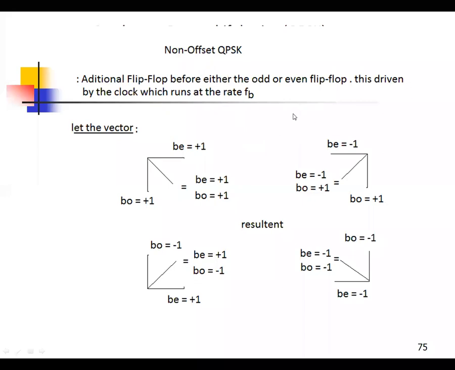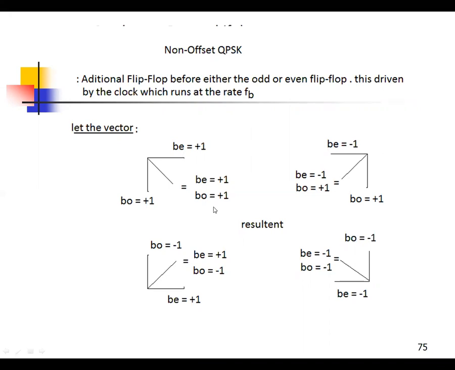The extra flip-flop is driven by the clock which runs at the rate of FB. So earlier it was 2FB, now it is FB.